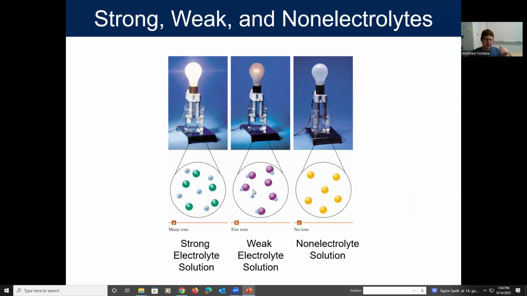There are some ions, but not that many. And then finally, you have a non-electrolyte solution where there are no ions, and so there's no conducting of electricity. So that's how it works for strong, weak, and non-electrolytes.